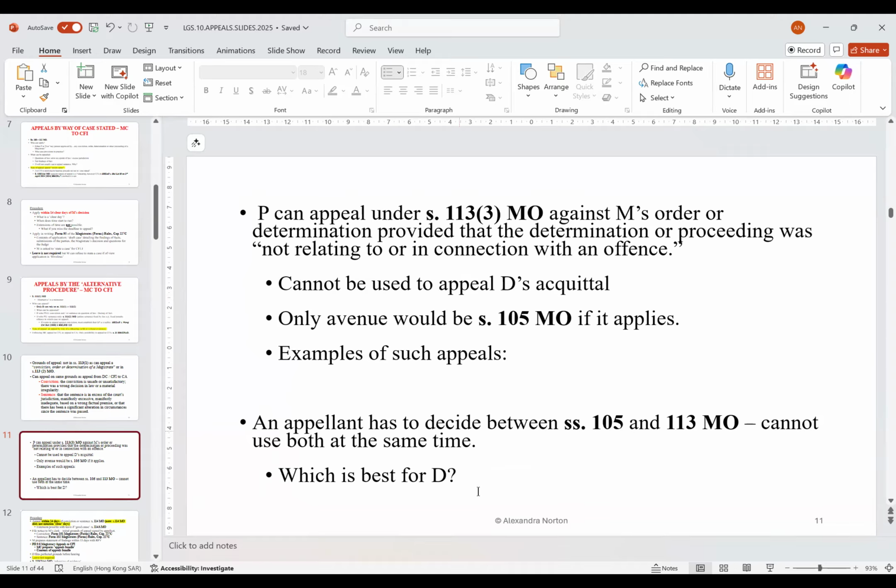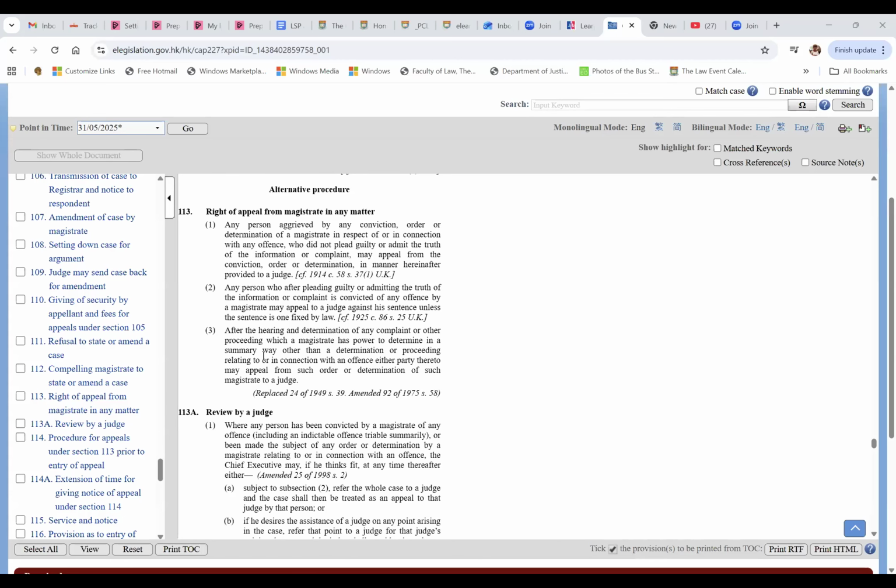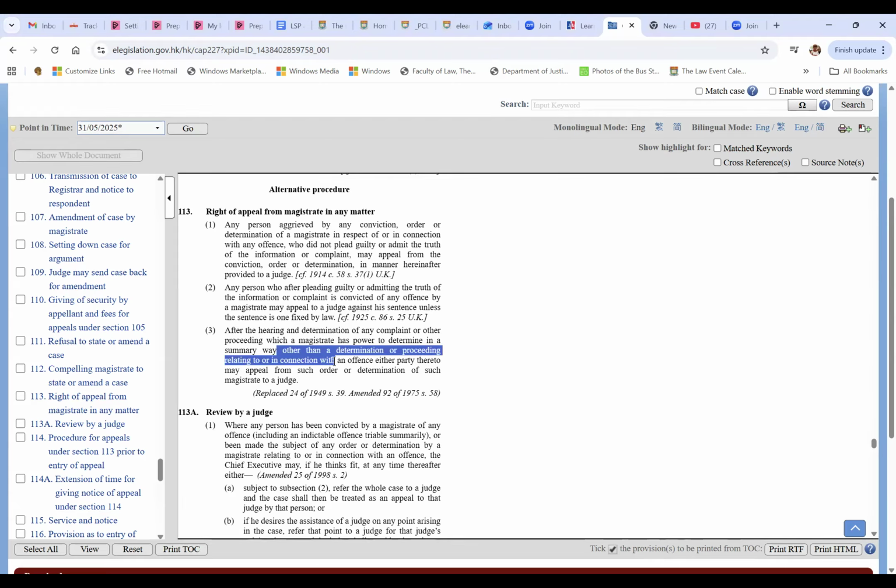So let's go back and look at that particular provision. If we go back to subsection 3, you see that after the hearing, blah, blah, blah, which the magistrate has power to determine in a summary way, other than a determination or proceeding relating to or in connection with an offense, either party may appeal from such order or determination.